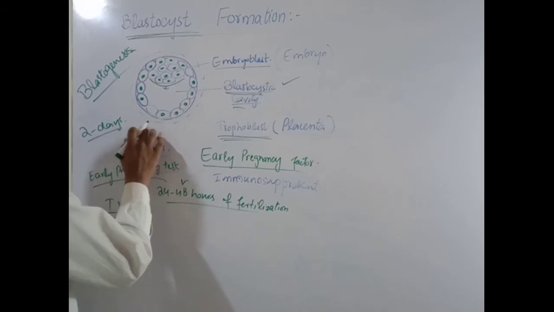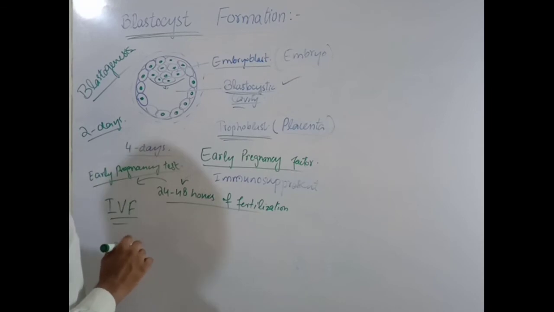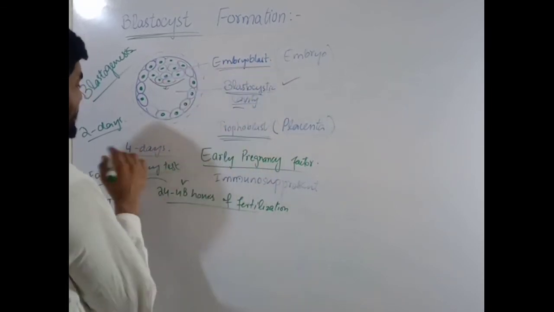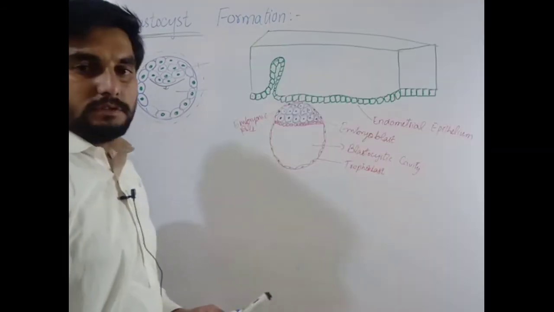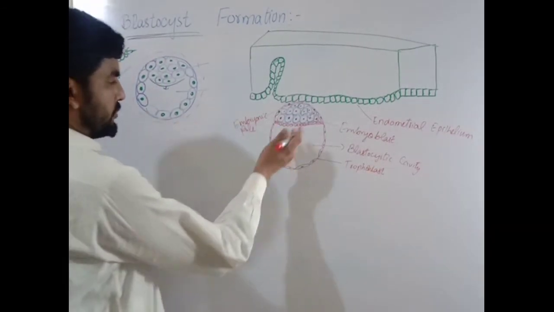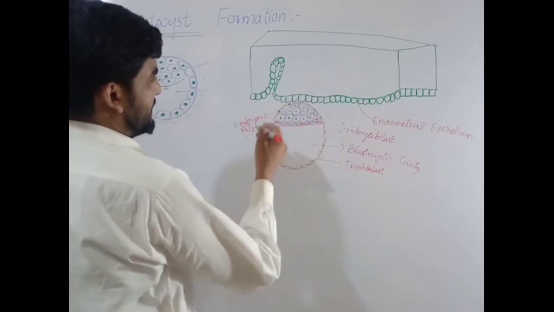When the blastocyst is inside the uterus, present in the uterine fluid, the embryo derives its nourishment from the uterine glands.